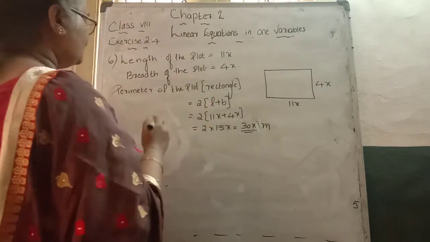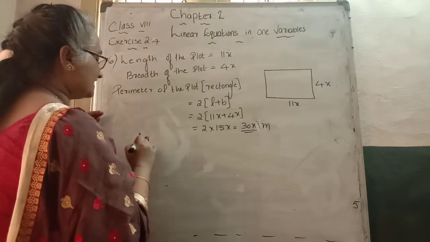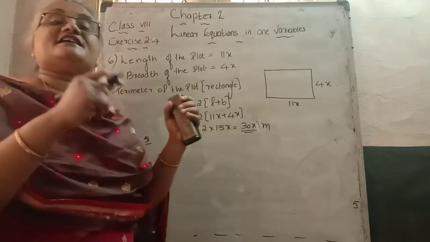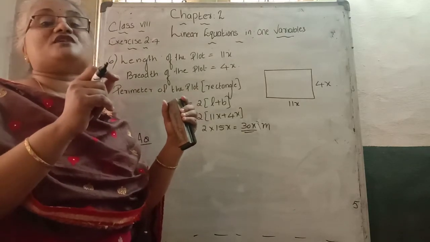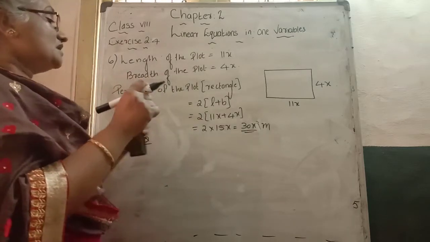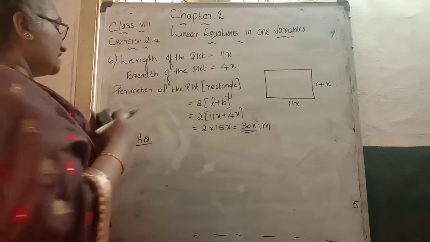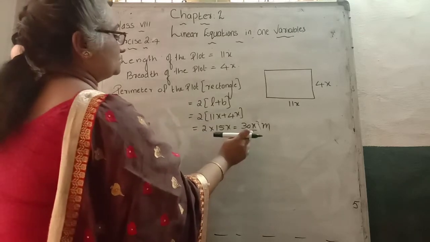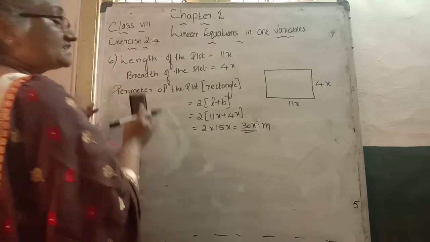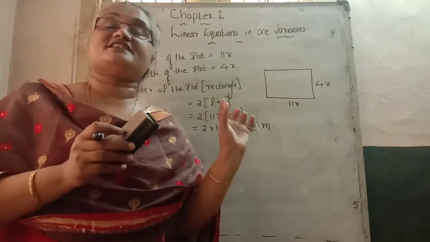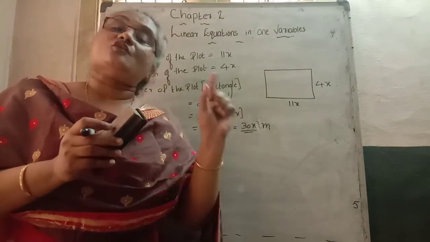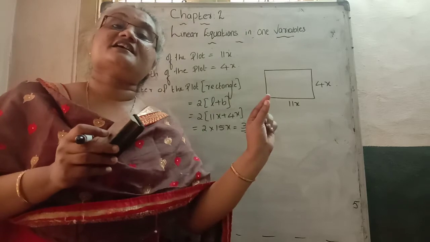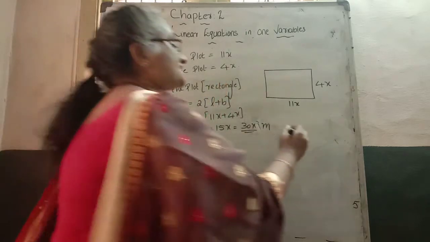According to the question, they gave us the total amount allotted. Another thing they gave is the cost of 1 meter of fencing, which is rupees 100.